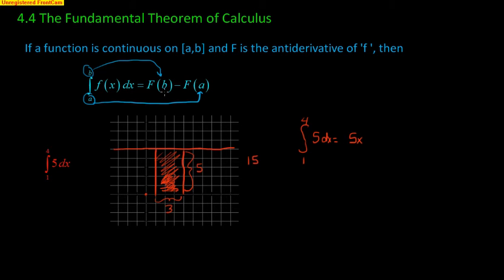So now what the fundamental theorem of calculus says is if I take the bounds, and this is just the notation we use here, going from 1 to 4, and I plug in the top one minus the bottom one, I'll see that I get 20 minus 5, and I get 15. There's my area. So we no longer have to rely on geometric shapes in order to do that.